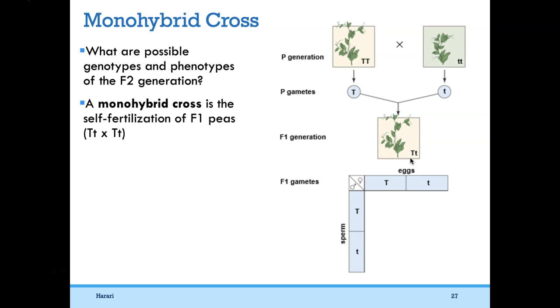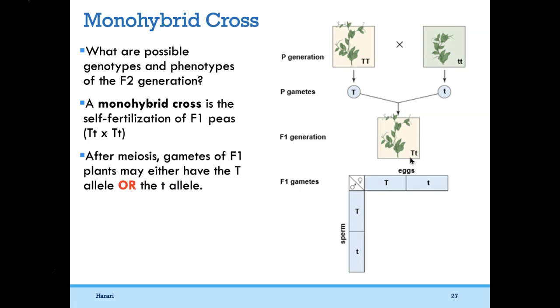What are the possible plants going to look like in the F2 generation? Okay, so that's the question we're trying to ask. So after meiosis, the gametes of this F1 plant can be either big T or a little t. So let's think about this. This plant has sperm and pollen and eggs.